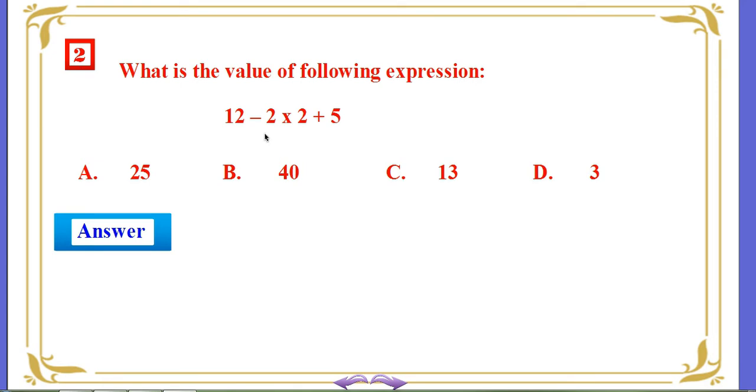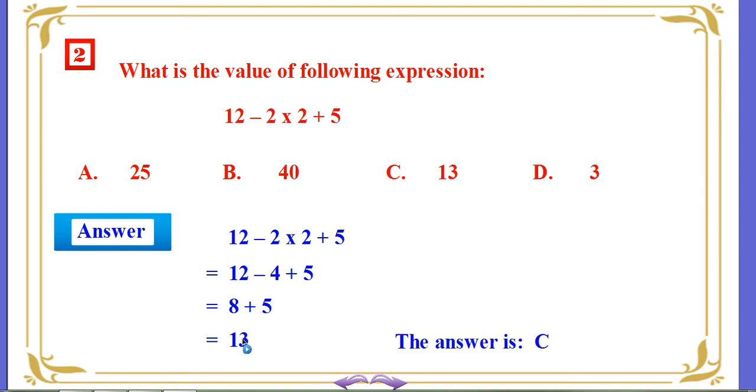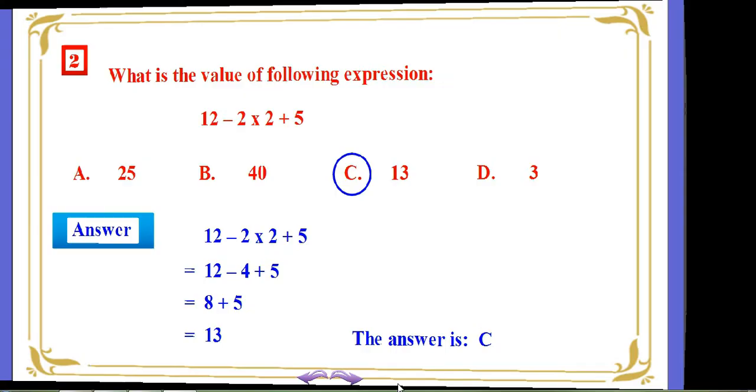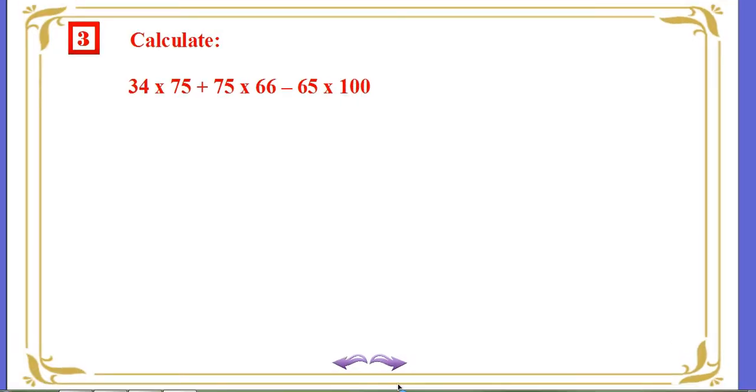So we have to do 2 multiplied by 2 first, and then 12 minus 4 we get 8, and plus 5 then the result is 13. So the correct answer of this problem is answer C. We finish exercise number 2 and move on to exercise number 3.